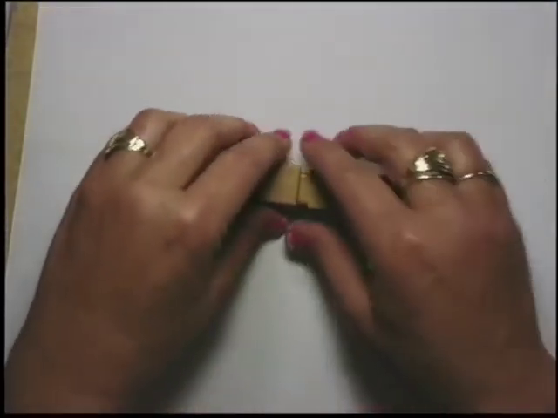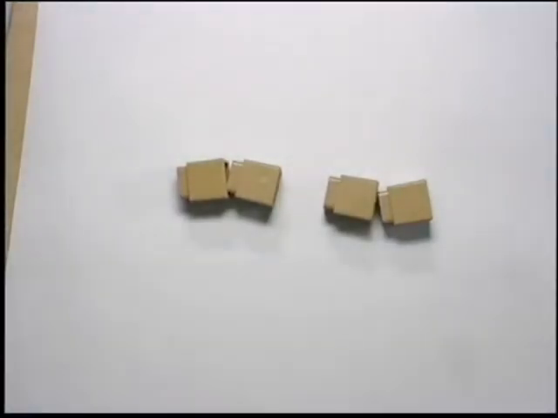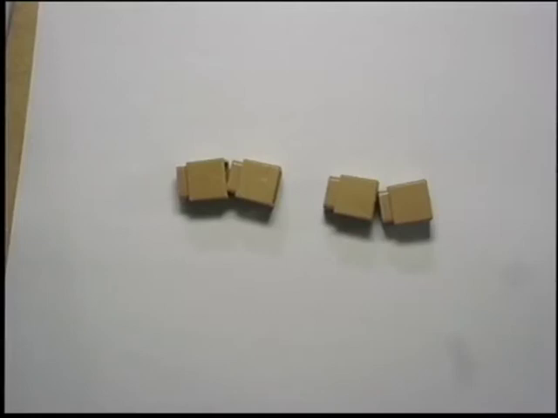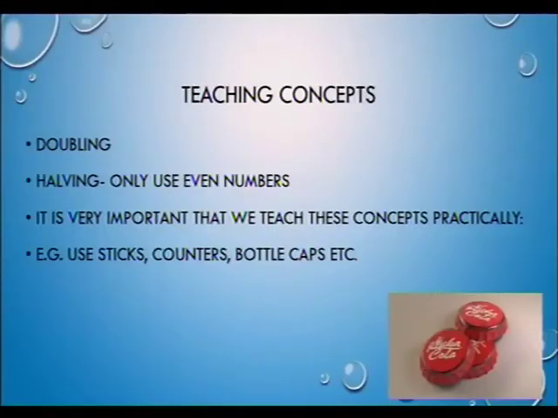Then learners know that they have to divide it into 2 groups, and this is halving. So always start with small numbers, and like I said, halving, only even numbers. It is very important that we teach these concepts practically. Use sticks, counters, bottle caps, whatever you can get your hands on.